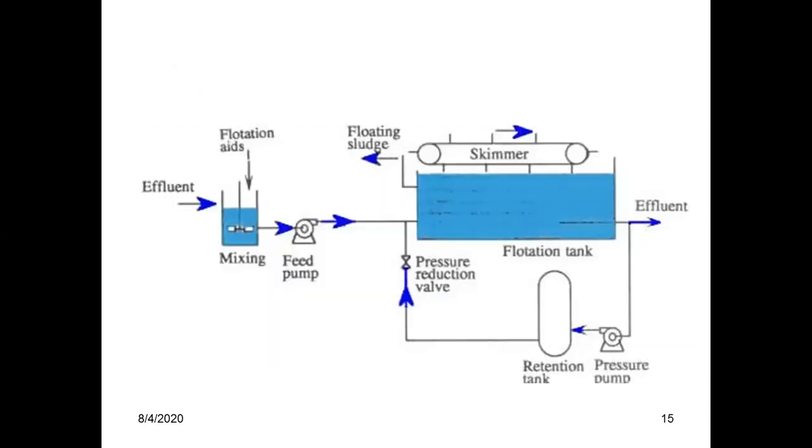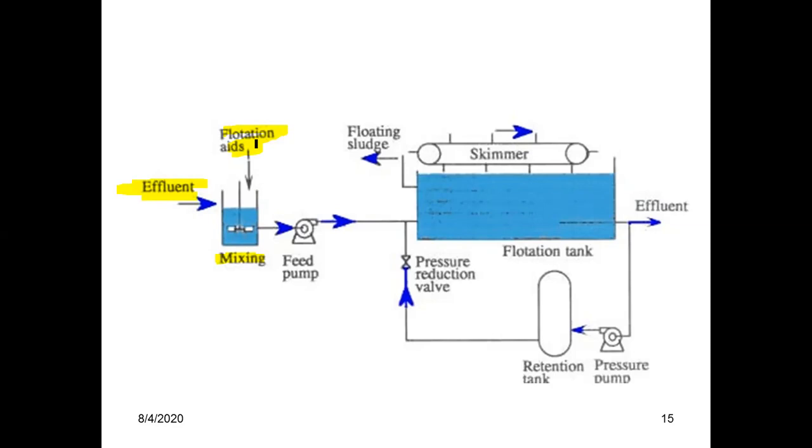This is another diagram for a dissolved air flotation unit. Here the wastewater effluent coming from other unit processes, maybe a grit chamber or screener, is sent to this mixing unit. In this mixing, the flotation aids, that means coagulants and flocculants, are added.